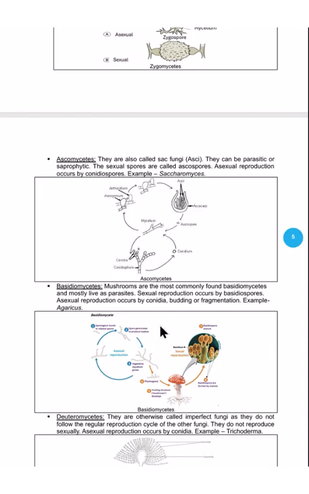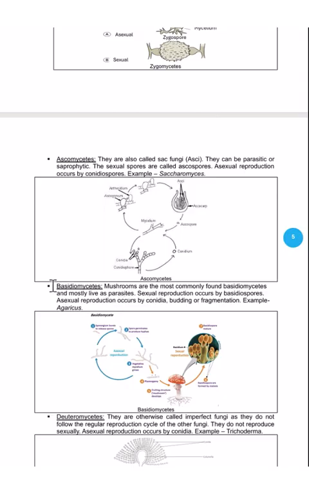As you can see, there is sharing. They are sharing the name of the asexual spores here in ascomycetes and basidiomycetes, although they are different types of fungi. An example of basidiomycetes is Agaricus.